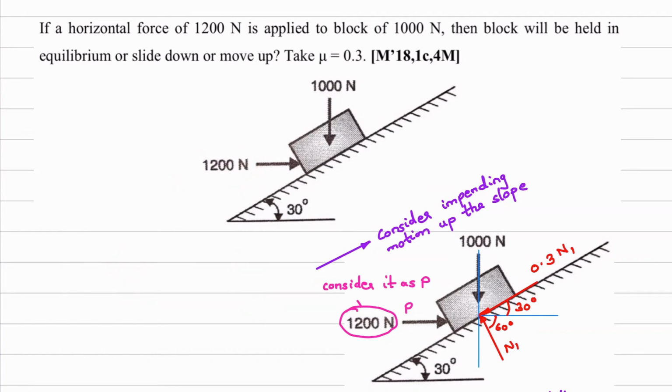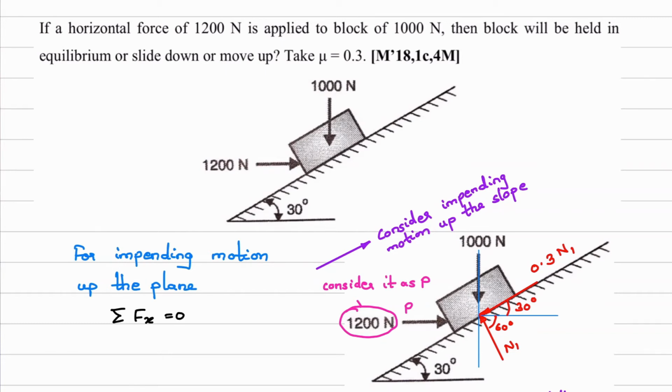So we will first consider the case for impending motion up the plane. Summation Fx equal to 0.